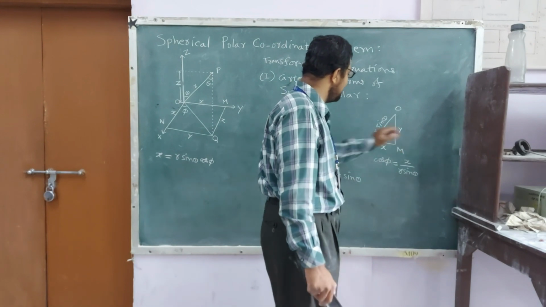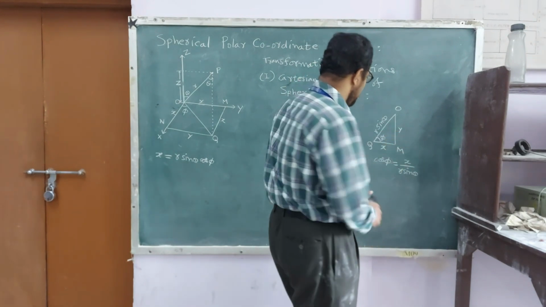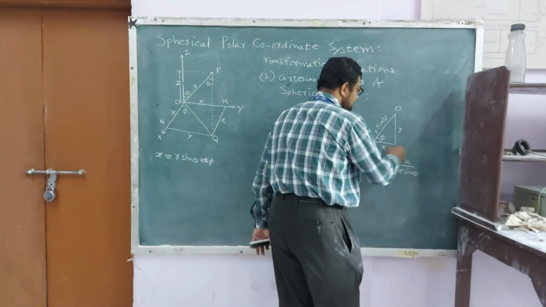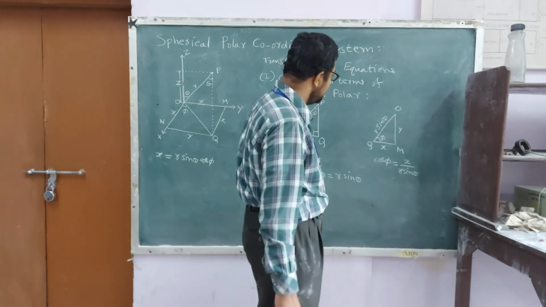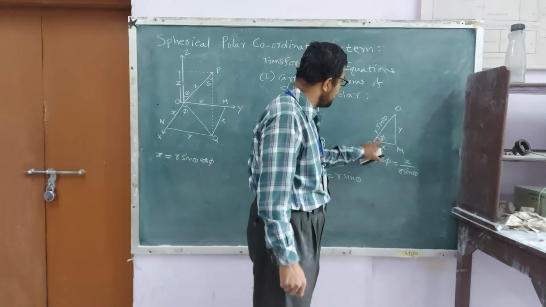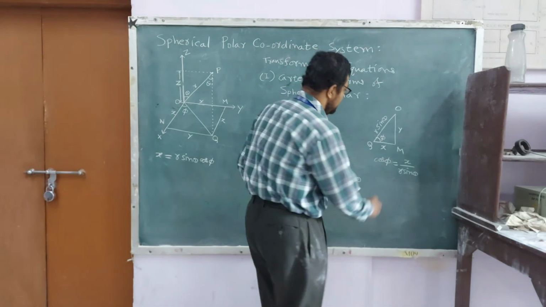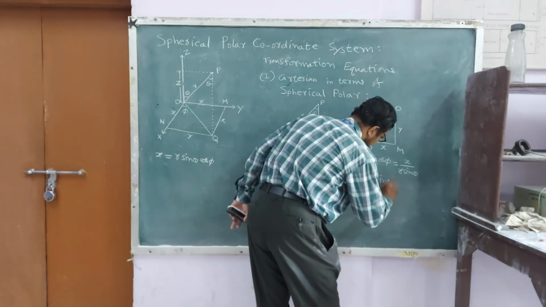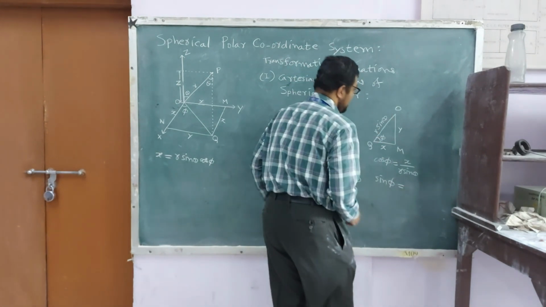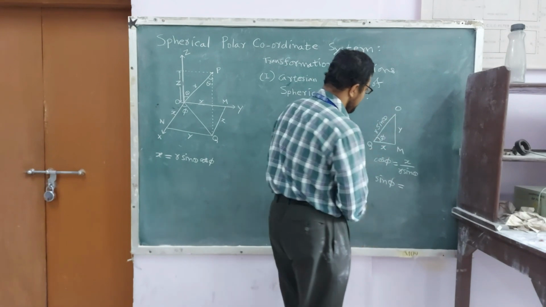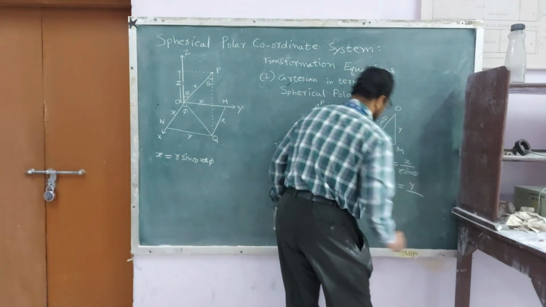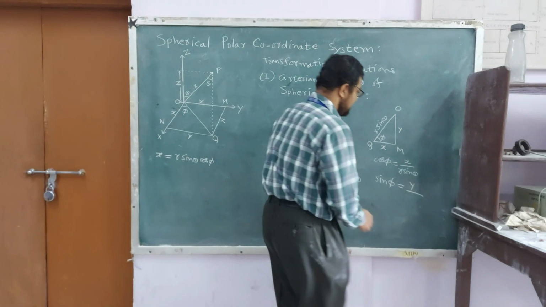Now we have to find out the second one, that is nothing but y. So from this triangle again, if you consider sine of this angle phi, it will be nothing but OM, that is y, divided by OQ, that is R sine theta.